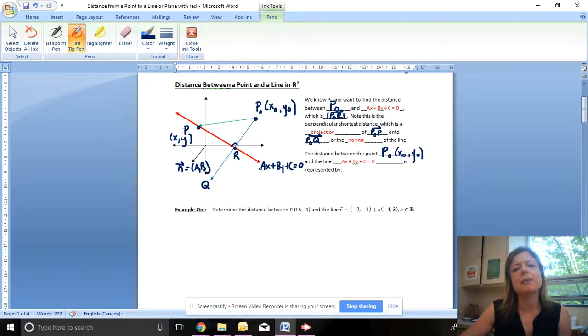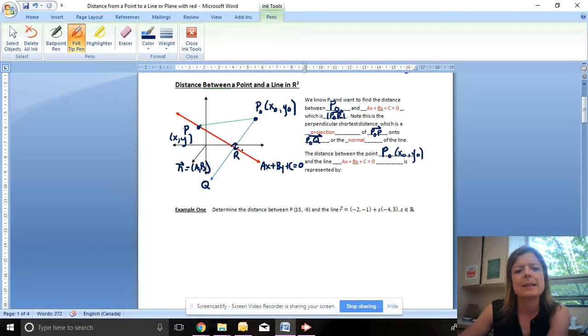The distance that we want is the shortest distance, which is when you create a line segment perpendicular to the given line. In this diagram, it's the magnitude of the vector P0R.